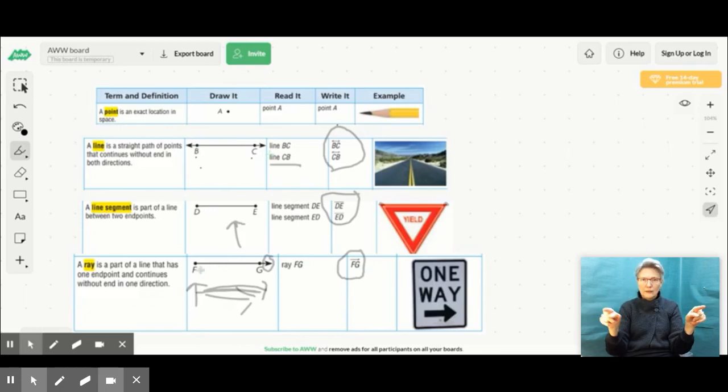And then a ray is part of a line that has one endpoint and continues without end in one direction. So we have these symbols here in the write it category, and that is how we write line, line segment, and ray in math, using the letters for the points that are identified.